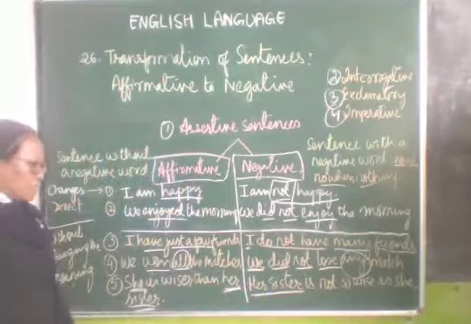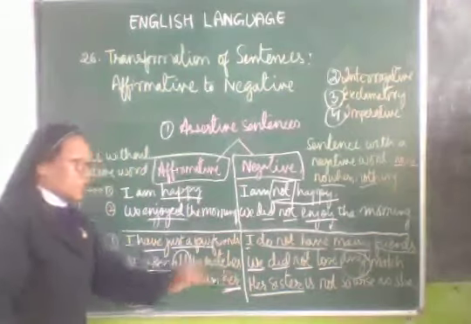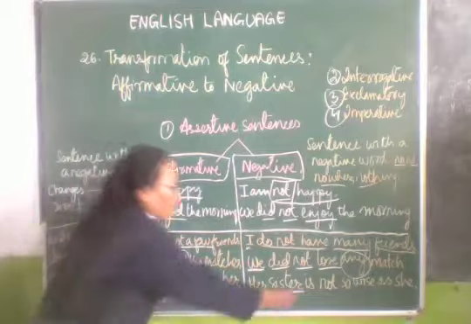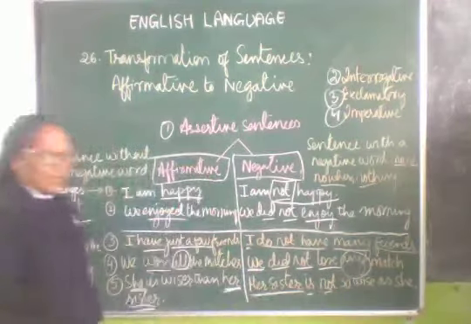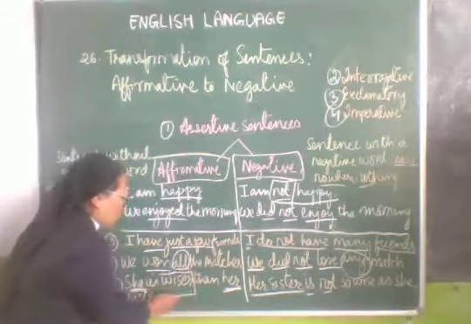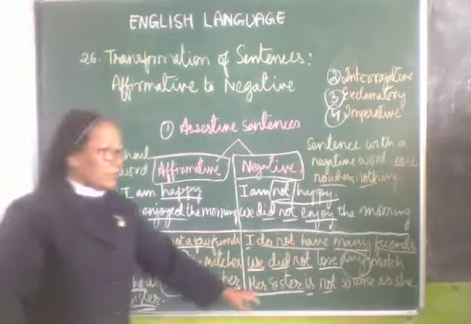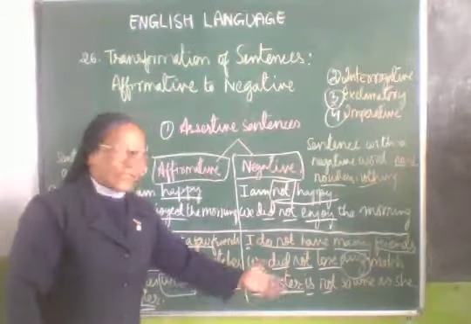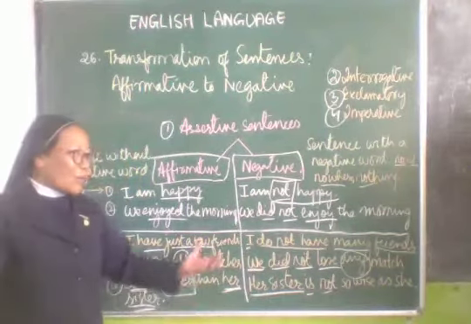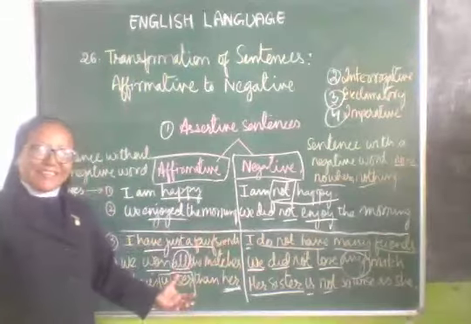You have changed the position of the subject, the last subject, her sister, you brought it here first. Her sister is not what? Now wiser, opposite of wiser will be, you can use the word same, using not so, wise as she.